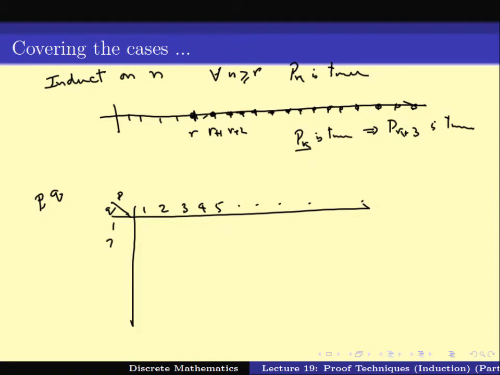Q can be 1, 2, 3, 4, 5 and so on. Now I have to somehow come up with a version so that everything else is solved. Let's look at some examples. Maybe I can first prove that P equals 1 and Q being anything is true. So I managed to prove all these points.